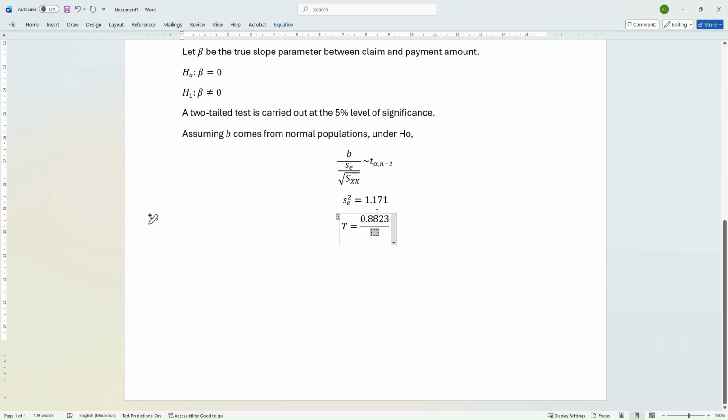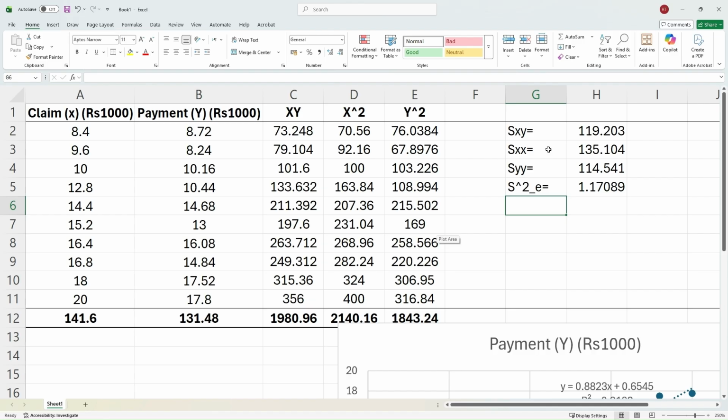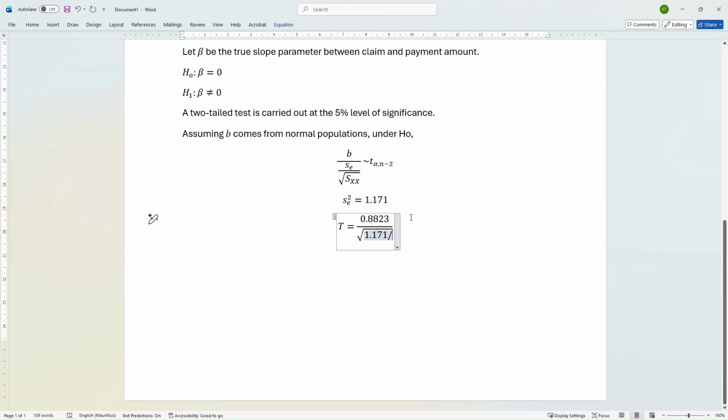We are going to take the root of that thing divided by the sum of squares of x, 135, plus 0.104. And this is equal to 9.478.